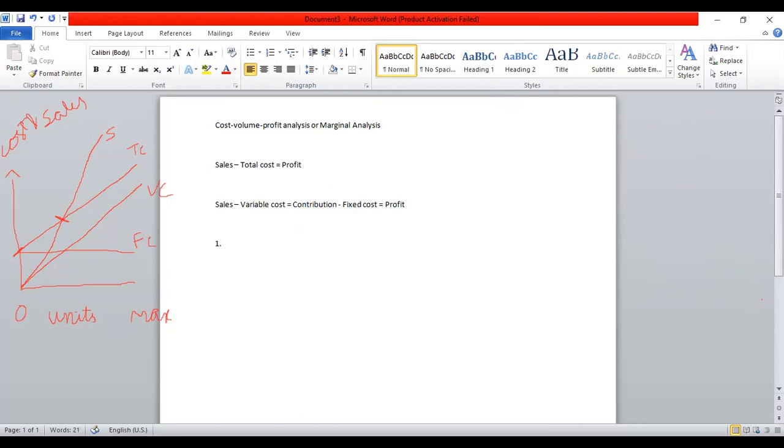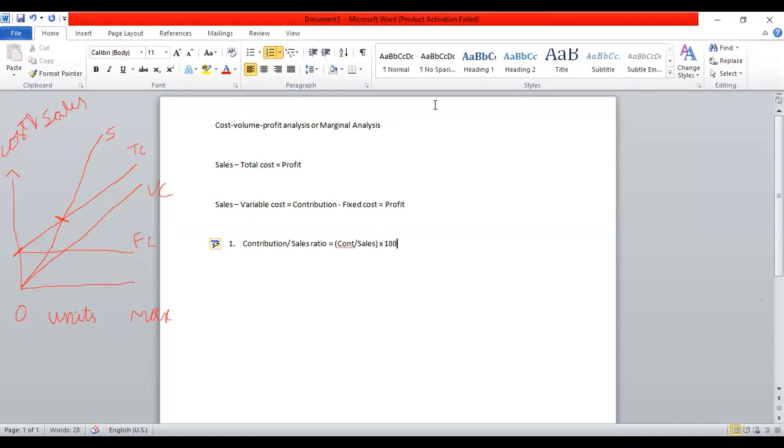The first one is called contribution by sales ratio is equal to, as the name itself says, contribution by sales into 100.